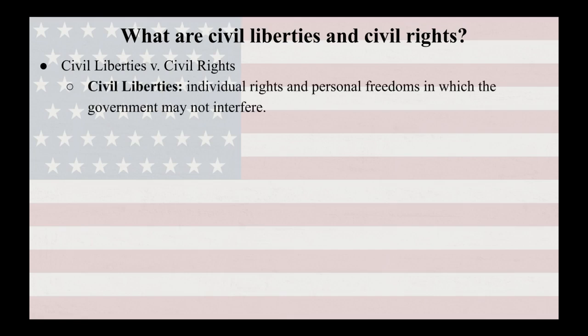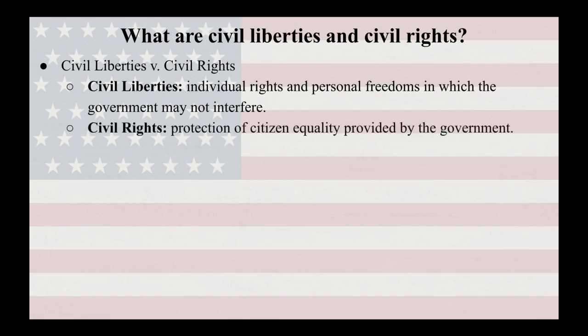A civil liberty is individual rights and personal freedoms in which the government may not interfere. And civil rights are protections of citizens, of citizen equality provided by the government. The best way that I know how to really simplify this for you is that essentially civil liberties are protections from the government, and civil rights are protections by the government.